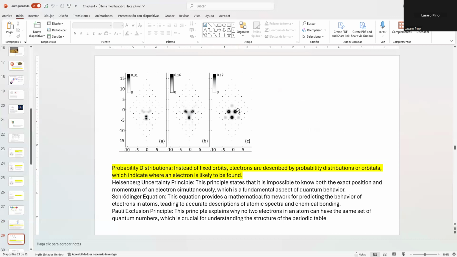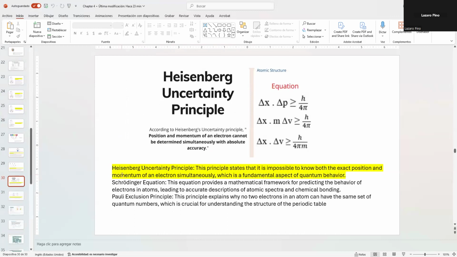They are in a region where it is most probable to find the electron. Also, we have the Heisenberg uncertainty principle. This principle states that it is impossible to know both the exact position and momentum of the electron.